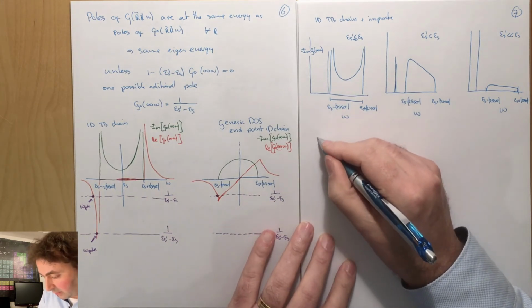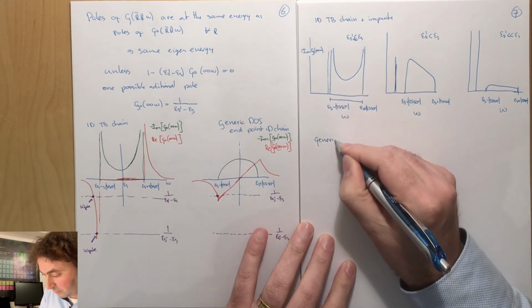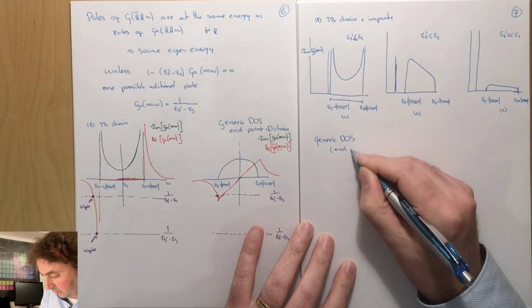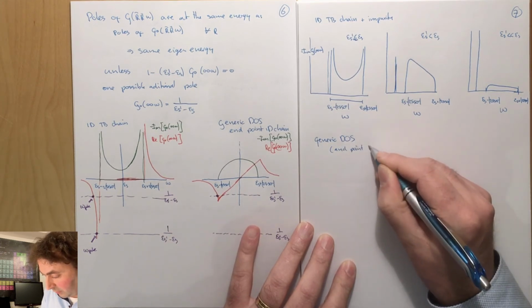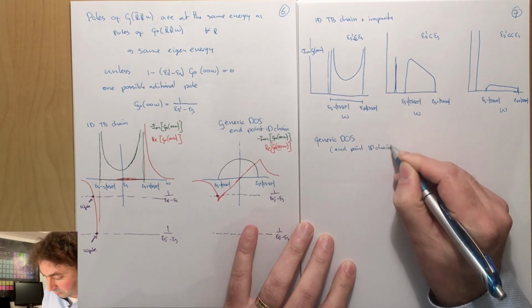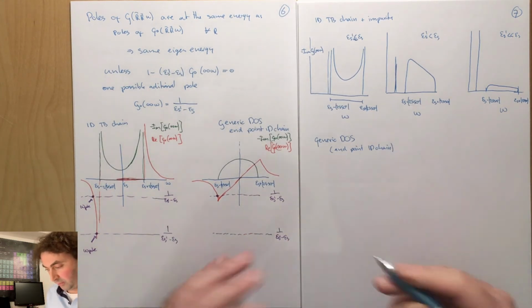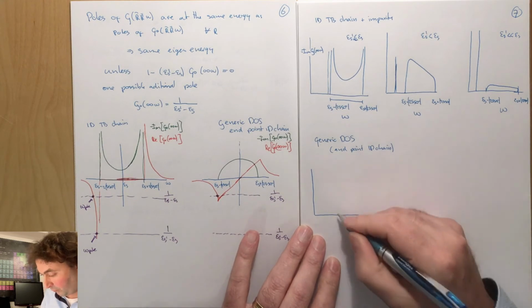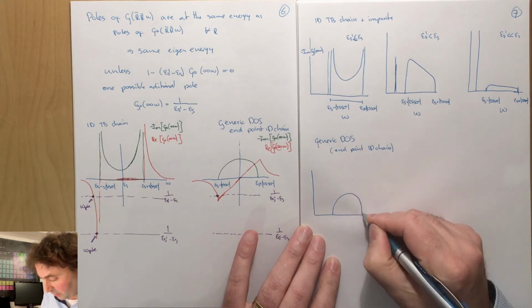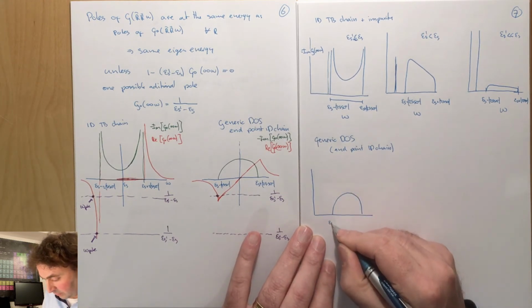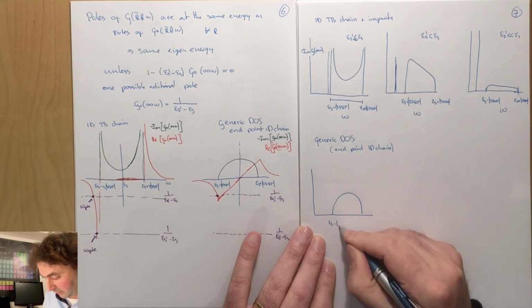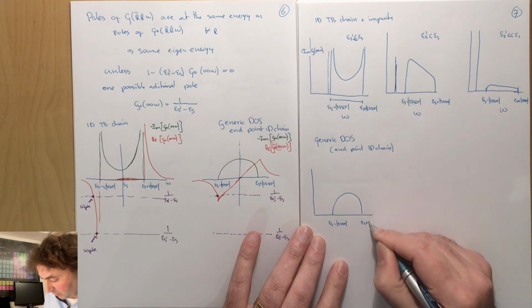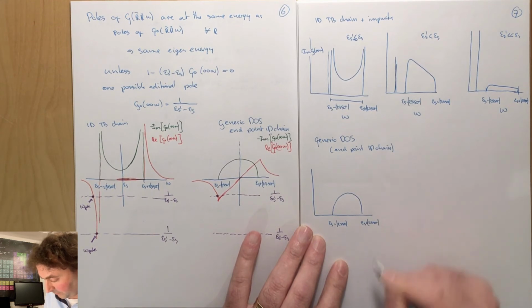So when we look at our generic DOS, which is the endpoint of a 1D chain, so it's both an example of something that is just reasonably smooth, and as an example we can take the endpoint of a one-dimensional chain plus 2ss sigma.